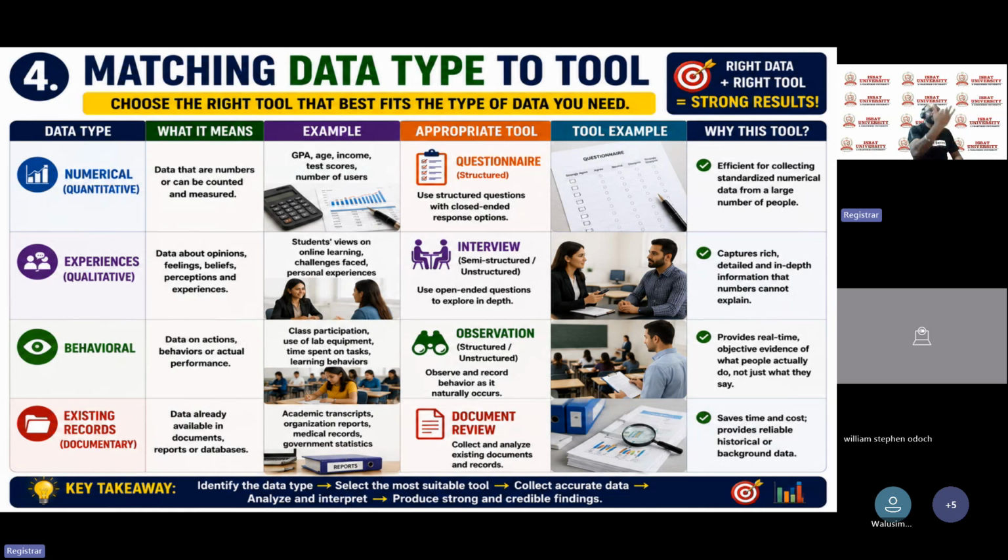Now, look at another type of data, something related to user experience, which is qualitative in nature. Maybe it can be about opinions, feelings, beliefs, perceptions.